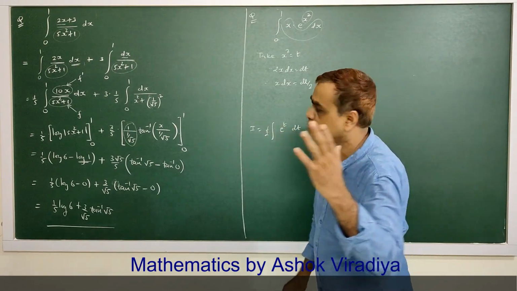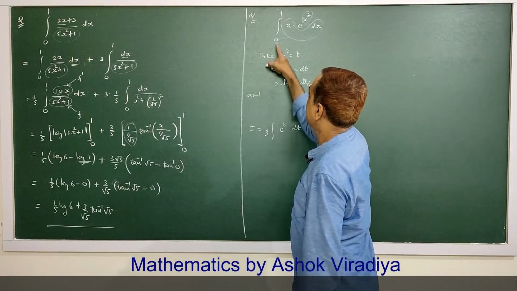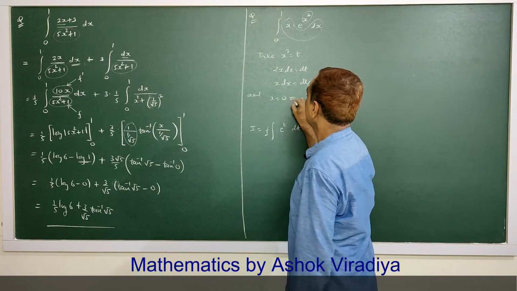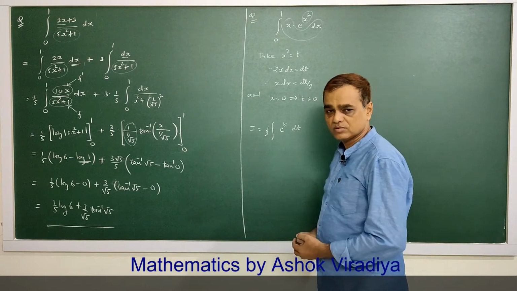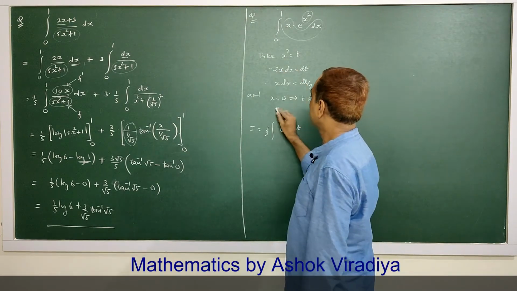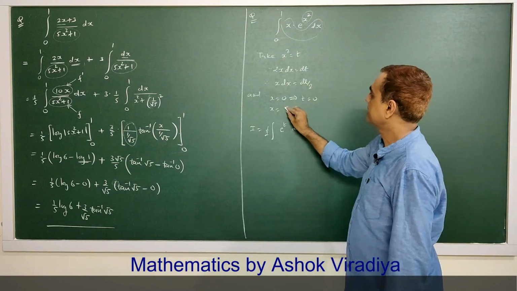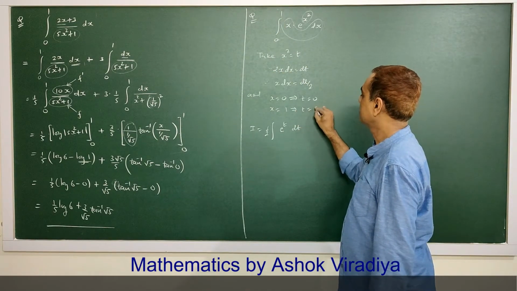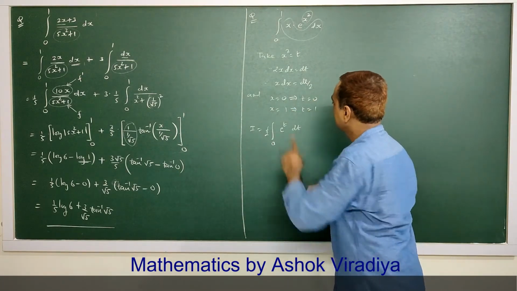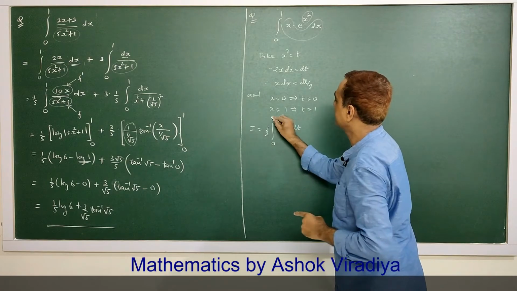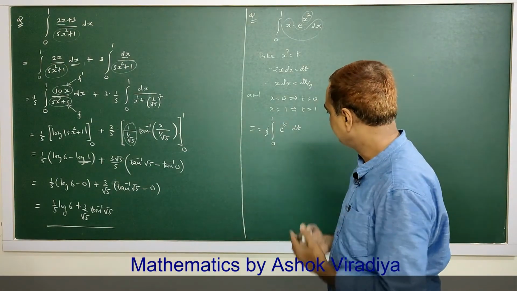So to find the corresponding value of t, if x is 0, t is 0. When x is 1, the upper limit is 1, so put here 1. When x is 1, t is 1. So 0 will be replaced by 0, 1 will be replaced by 1. Here we are getting the same values, so it looks the same.